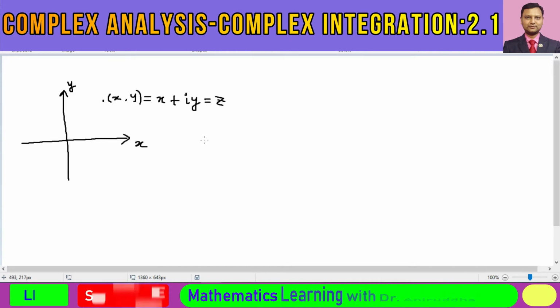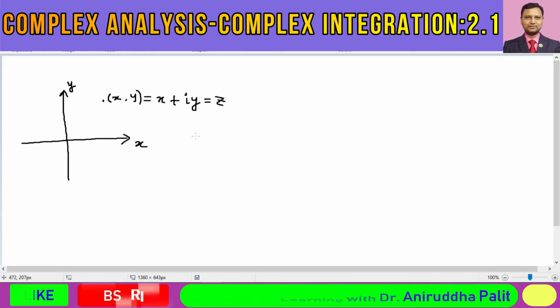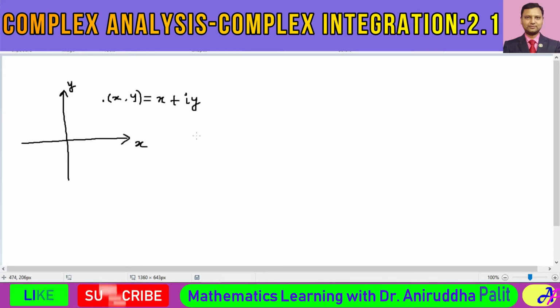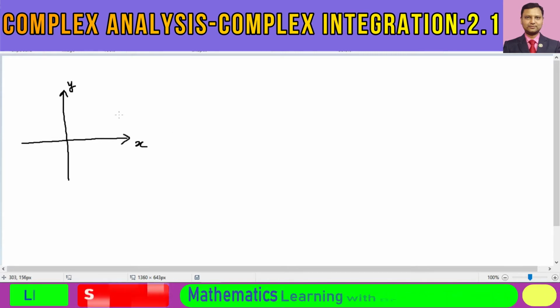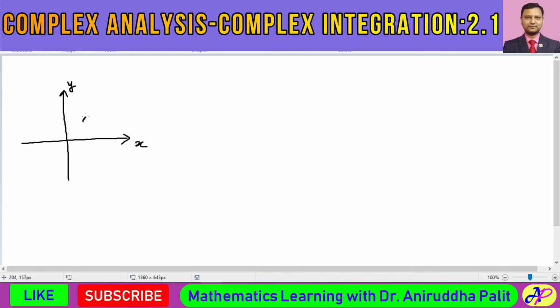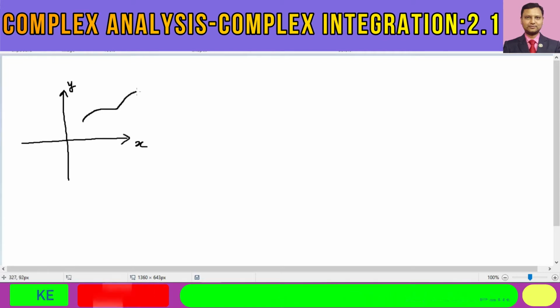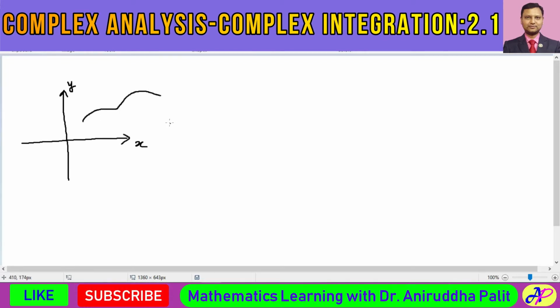Now today we shall firstly discuss certain curves in this complex plane. By curve we mean a line like this.